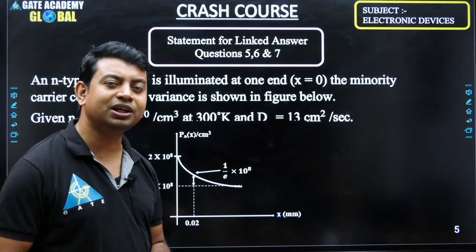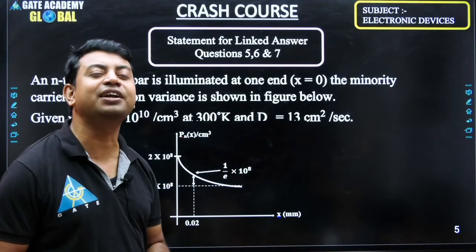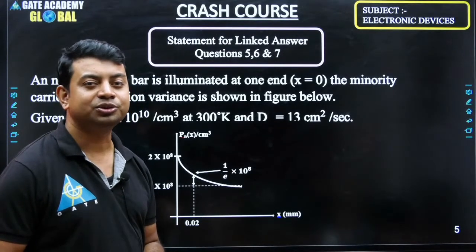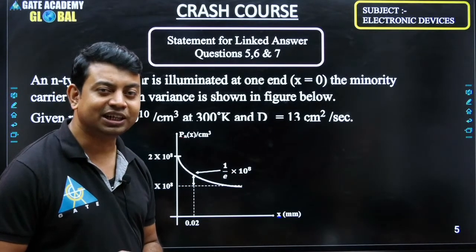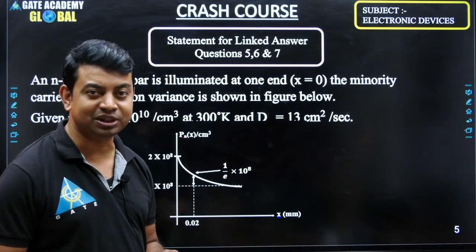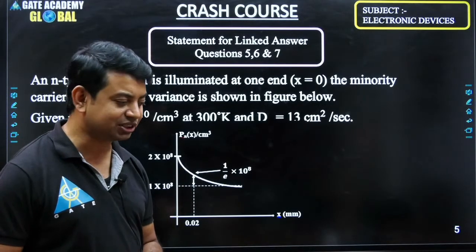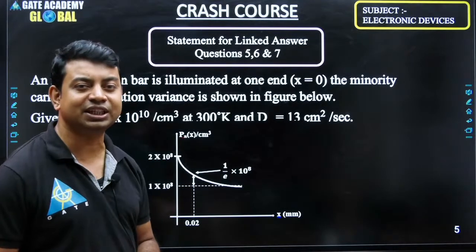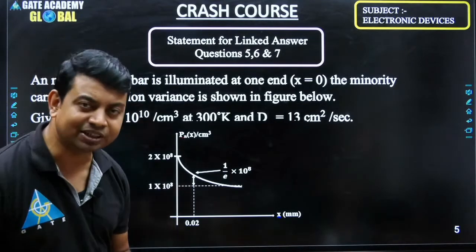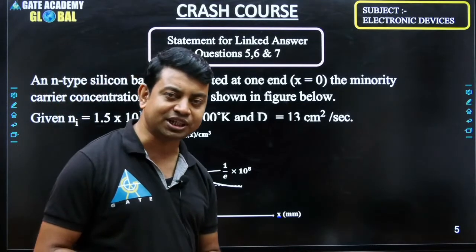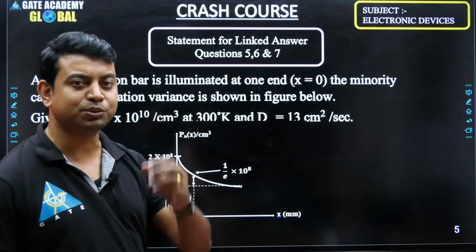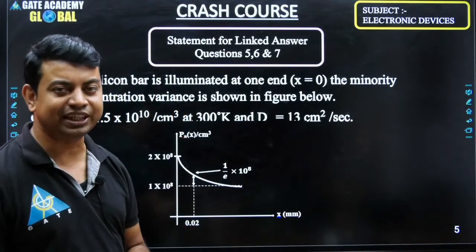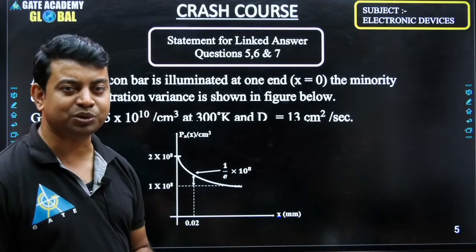The semiconductor is illuminated at one end, so definitely low level injection condition prevails here. If low level injection condition prevails, we can see the change in the concentration of minority charge carriers within the semiconductor with respect to distance, and that change can be written in exponential form.